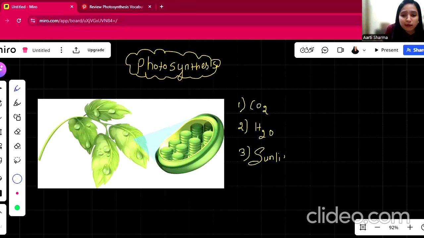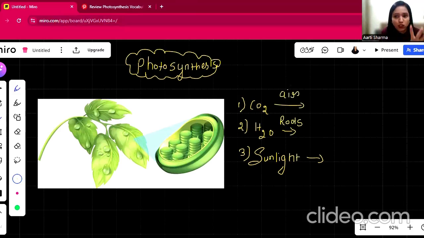They can absorb sunlight from the sun with the help of a special component known as chlorophyll and chloroplast, which we will discuss in a very short moment. They can absorb water from the roots, and carbon dioxide from the air, with a special component known as stomata. So through the stomata they can absorb carbon dioxide, got it.